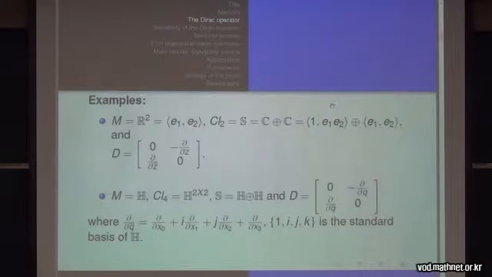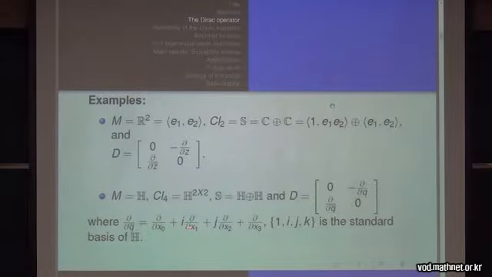Let's look at some examples. The first example is given by the D bar. If M is just the Euclidean space of dimension 2 with the standard metric, in this case we know that the Clifford algebra is C2 and the Dirac operator is given by the D bar equation.